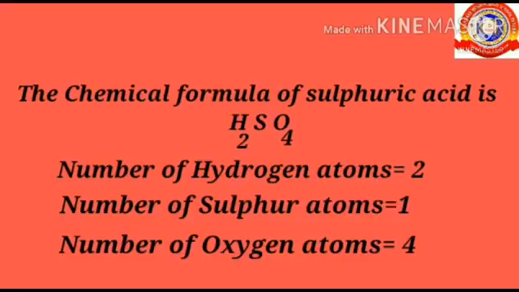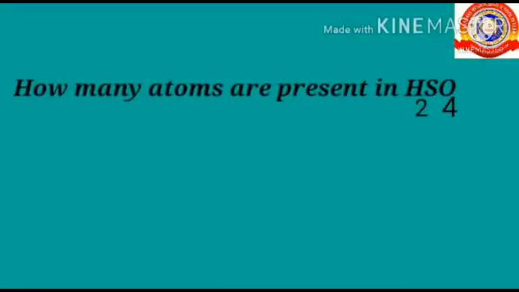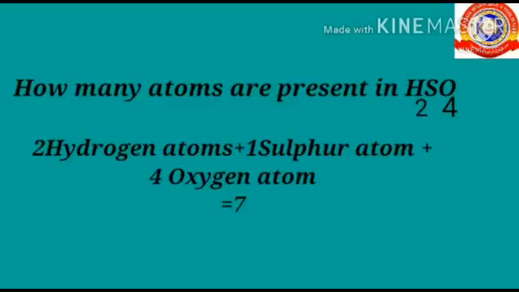Do you know how to calculate the total number of atoms present in one molecule of sulfuric acid? Okay, listen. Now you know the number of hydrogen atoms, sulfur atoms and oxygen atoms present in one molecule of H2SO4, that means sulfuric acid.